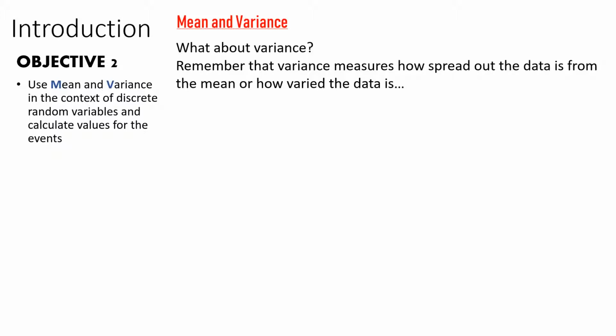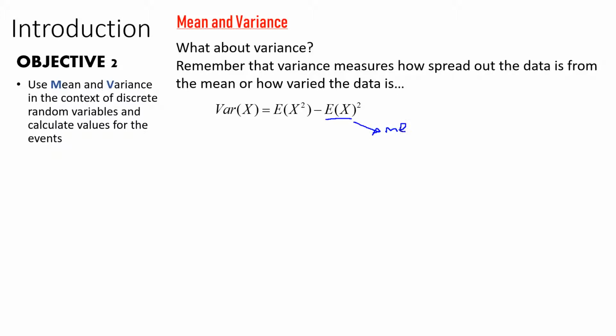Remember, the variance measures how spread out the data is from the mean, or how varied the data is. You would have used standard deviation as a more common measure of this, but variance is the same idea. Variance is a similar kind of formula, but it's a compound formula given that you have to work out two things. Now, I'll point out that E(X) in this case is just the mean, the bit that we had just worked out.